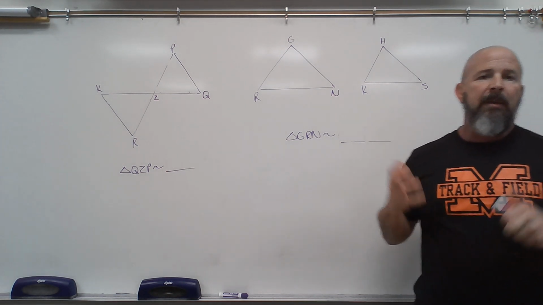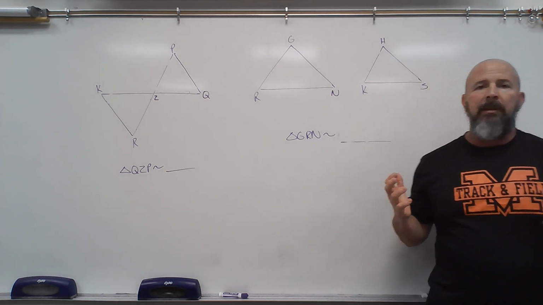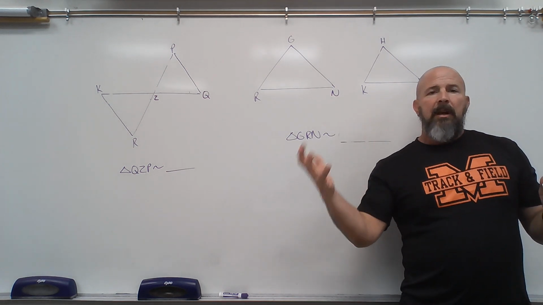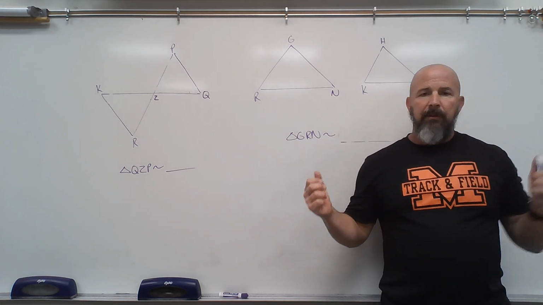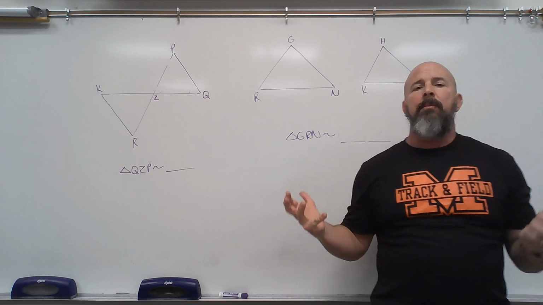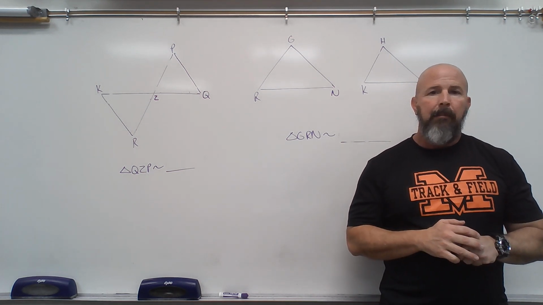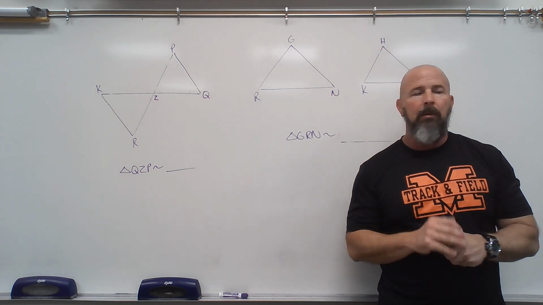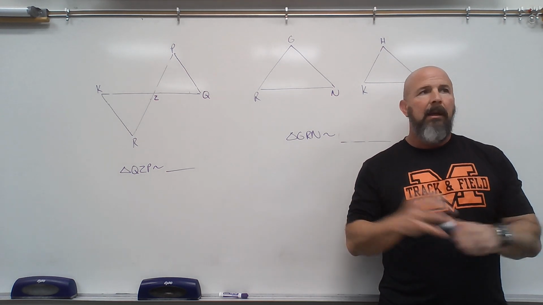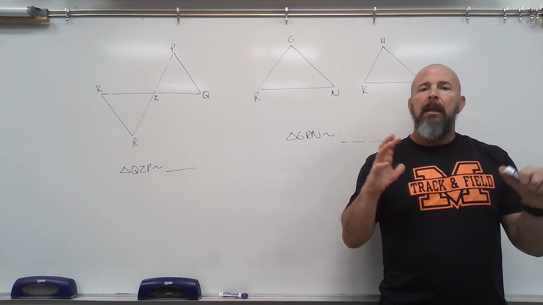Similarity. Right, we see similarity all the time. Similarity just means that, hey, this object is a scaled down version of this object. Probably some of the most common things would be like a map. If you're looking at a map of a state or of a country or even like a globe, something like that.